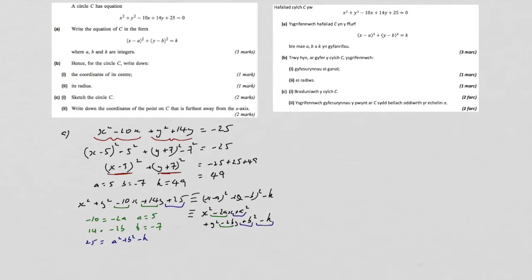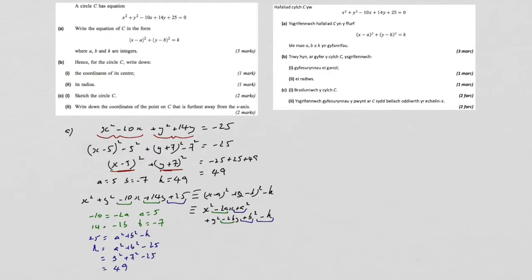So we have that k is a squared plus b squared minus 25. So that's 5 squared plus 7 squared minus 25, which is again 49. So if you were struggling with completing the square, perhaps in an examination stress position, then you can always try and do the comparing coefficients method.